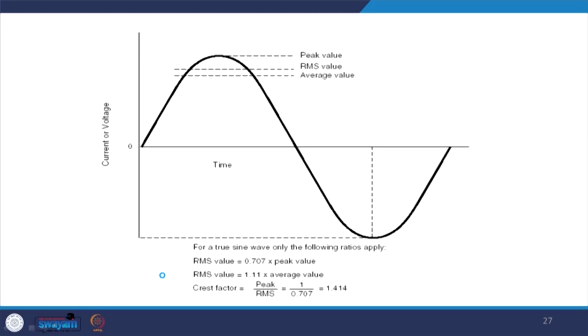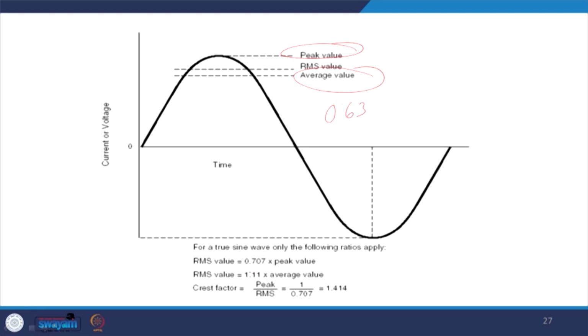We define something here: this is the peak value, we know it very well, of the current and voltage. This value is the RMS value, that is 0.707, and this is the average value, that is 0.63, and the ratio is called the form factor.